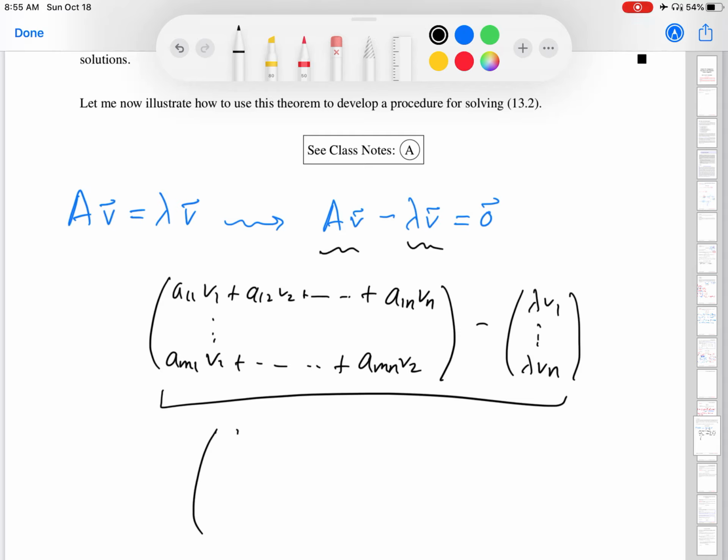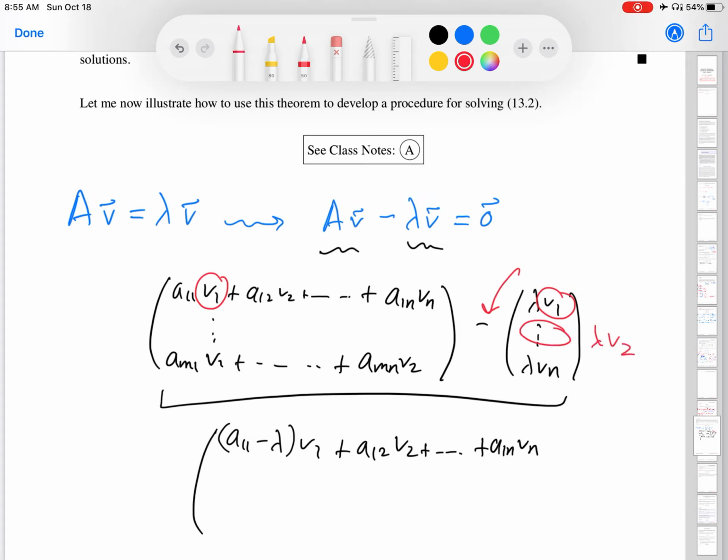Okay. So if I then thought a little bit about what I would do next, if I combine these two, I would have A11 minus lambda times V1, right? So this one has a V1, this one has a V1. We're subtracting it, so that's why I factored out that quantity. But then nothing else would change in this first row, A12 V2 all the way up to A1n Vn. In the second row, over here is a lambda V2. So what would happen in this second row of the new matrix?